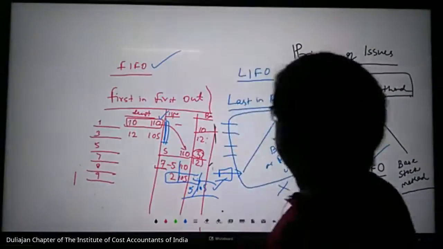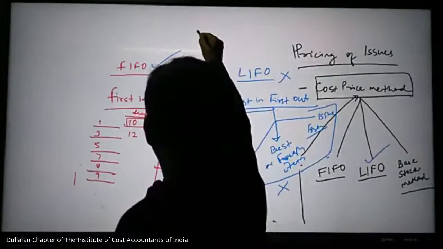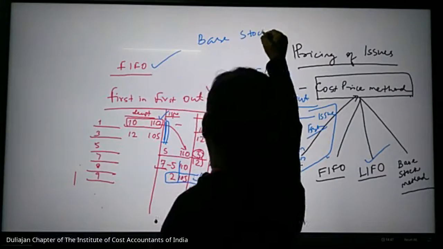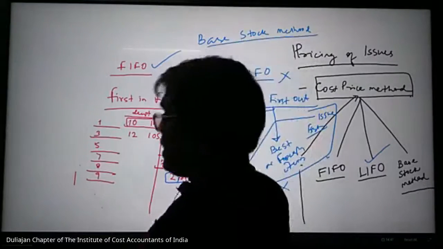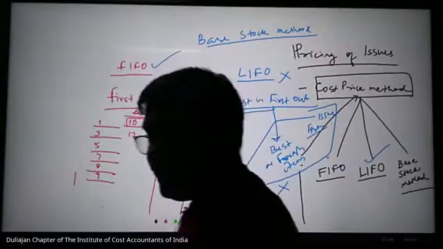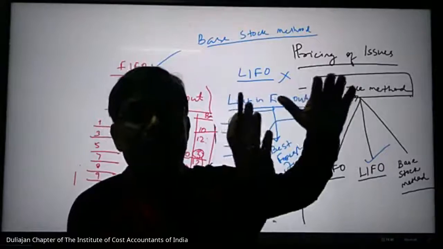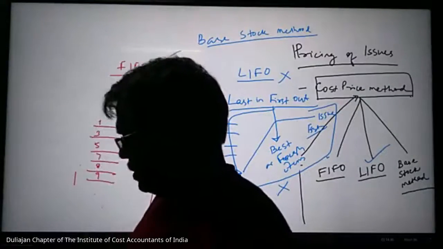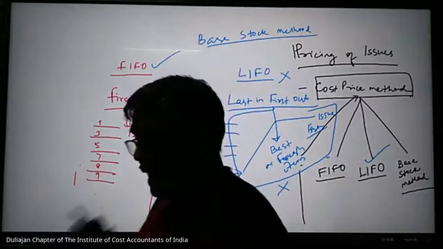After discussing FIFO and LIFO, another thing you may know about is called the base stock method. In this method, what happens? Always I am holding a particular stock that I am not touching. A minimum quantity of stock under this method is always held.